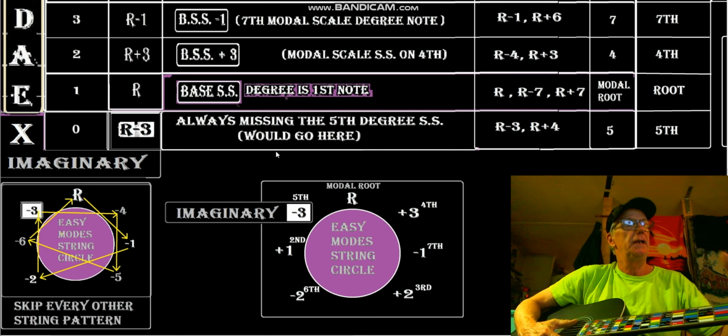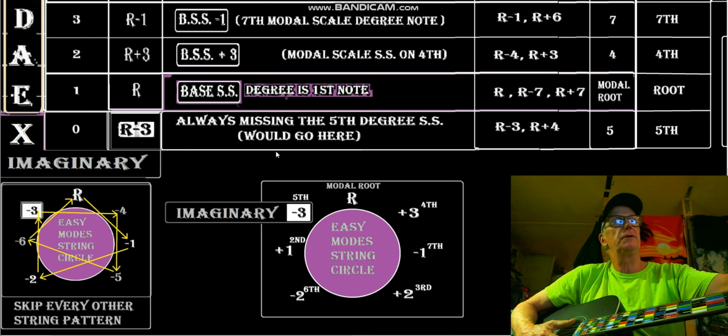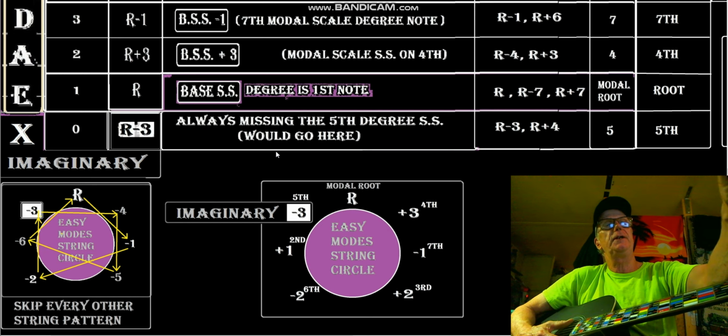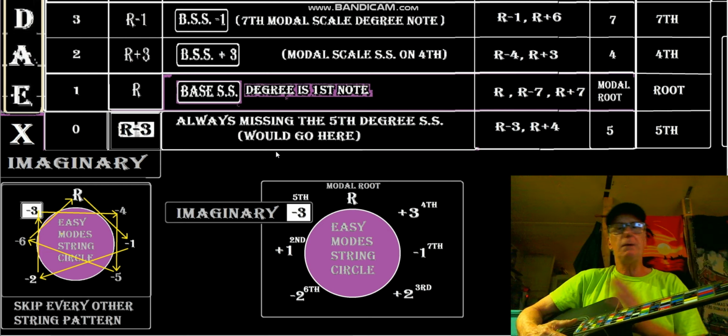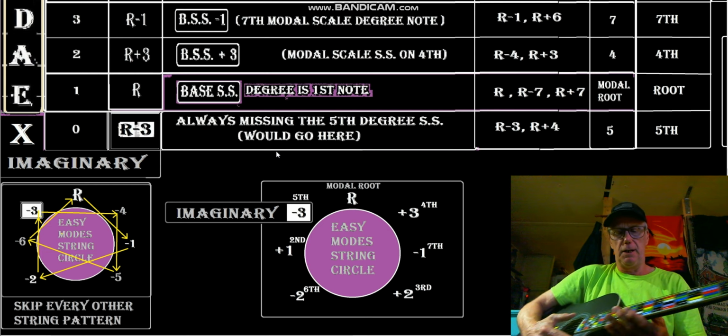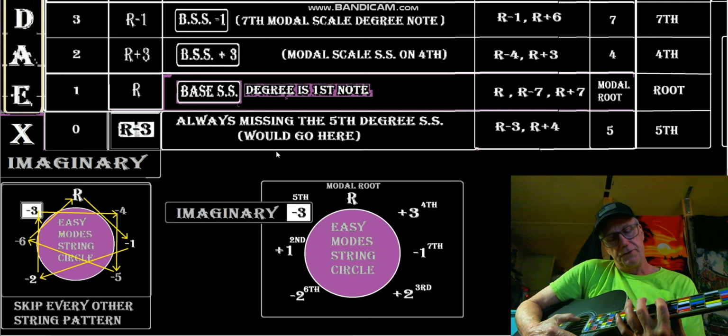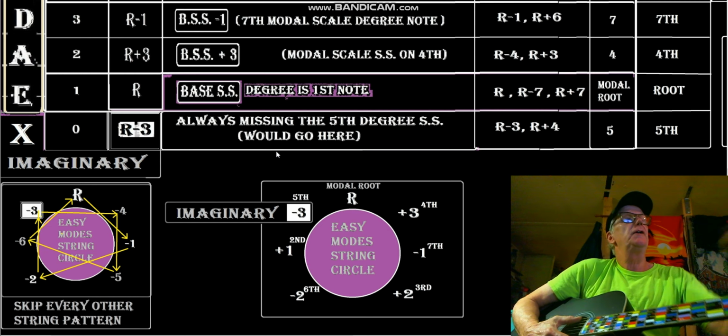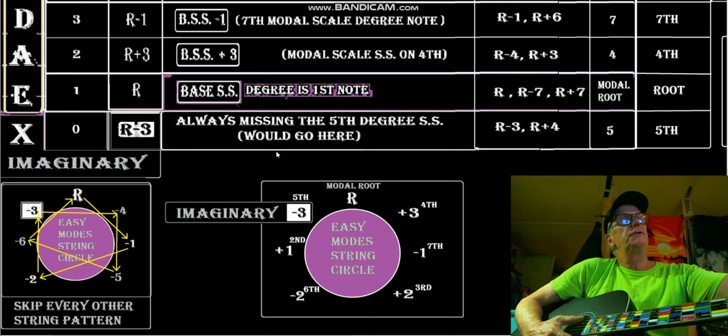So in Ionian that would be starting on G. It doesn't matter what string, what mode you want to play. If you want to play Aeolian, 6, 7, root, the 5th of Aeolian. Let's look at it. 1, 2, 3, 4, 5.